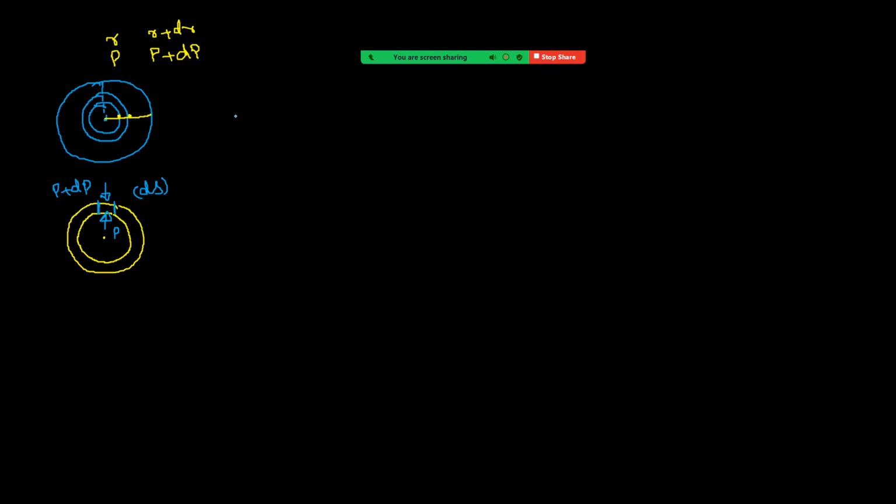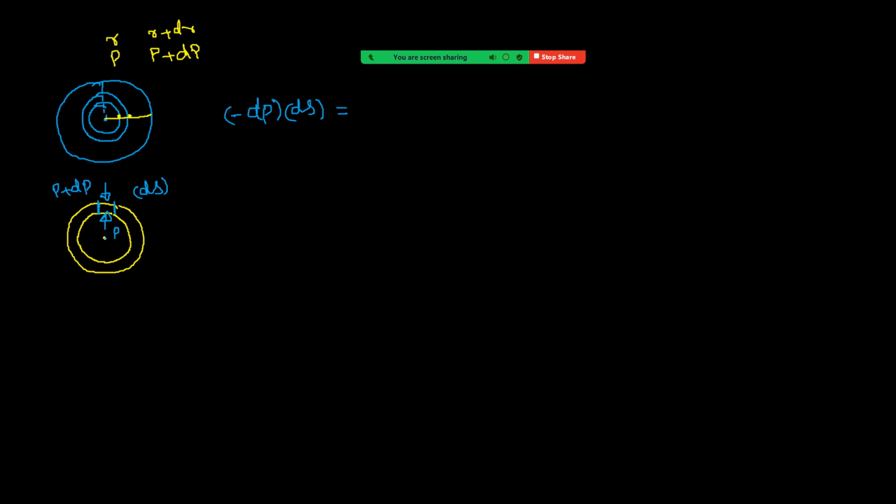Now see what we are writing here. I am taking minus dP. Why minus dP? Because the dP value itself is negative, negative of negative is positive. Minus dP into this area dS gives us a force, and this force should be balanced by the gravitational force.